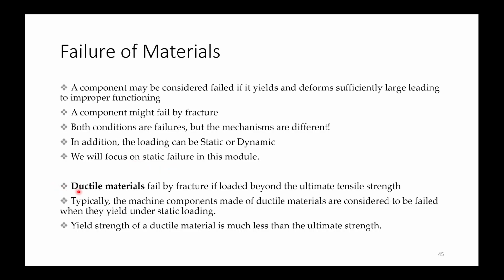Ductile materials fail by fracture if loaded beyond the ultimate tensile strength, and typically machine components made of ductile materials are considered failed when they yield under static loading, and the yield strength of a ductile material is much less than the ultimate strength.